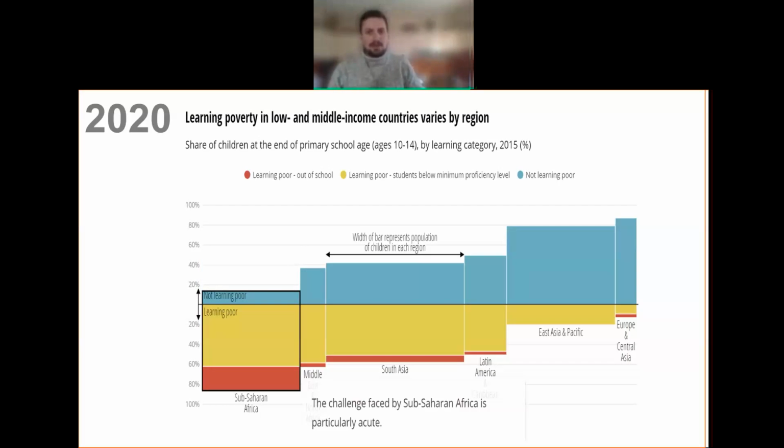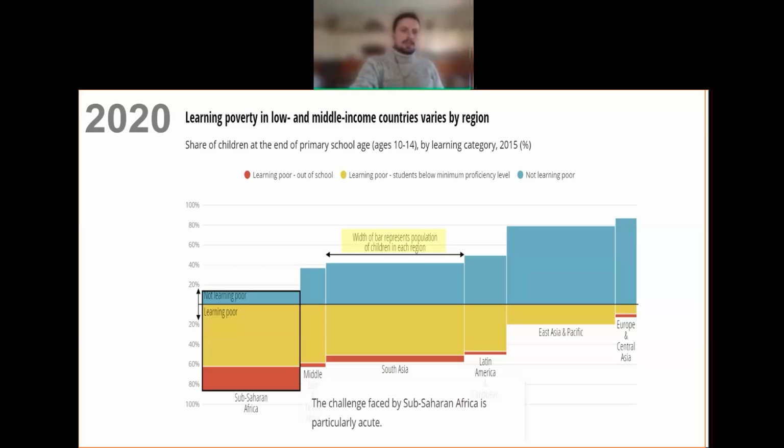Okay, so now from a horizontal line, you can see that each section of the bar has moved according to the level of learning poverty in each subregion. Again, the use of targeted annotation to help interpret the chart. So here, the width of the bar represents the population of children in each region.